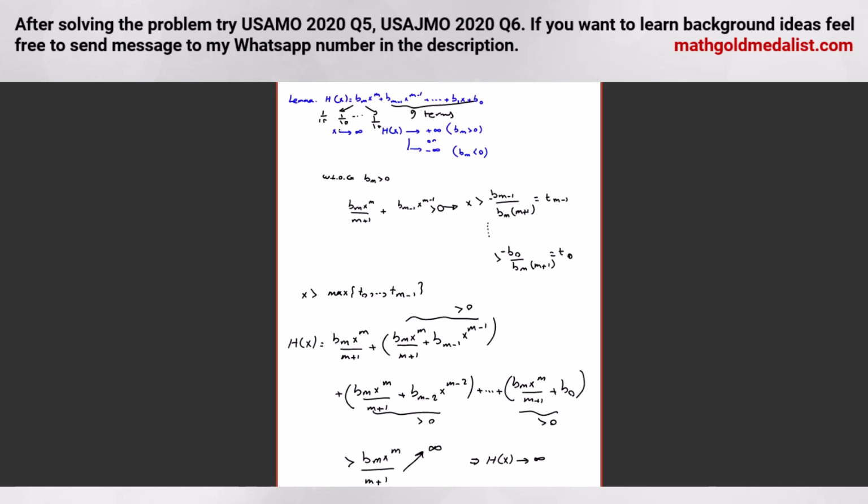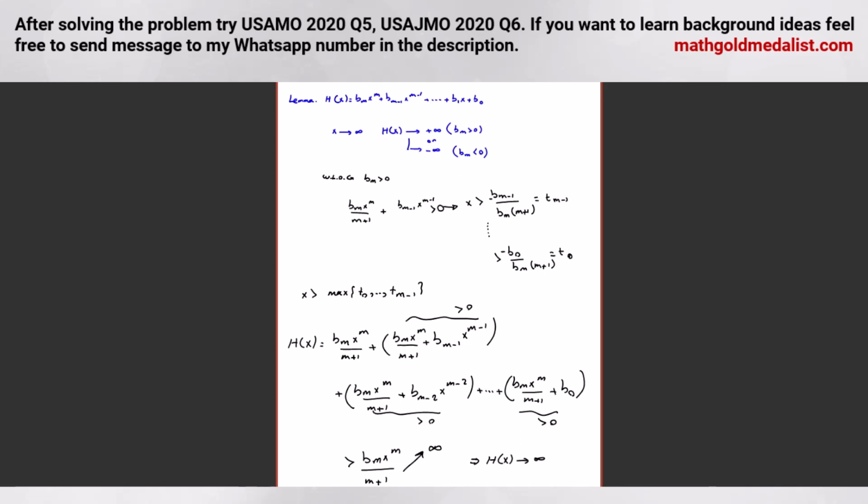And I want to say 9 parts for these things. For example, 1 over 10 of this plus this positive, 1 over 10 plus this positive. Then 1 over 10 of this is left, which is so much large, right? And then we prove that when x goes to infinity, h of x goes to infinity. You don't need to prove this, but I just told you this to see how we can.